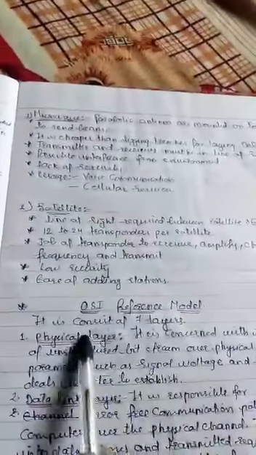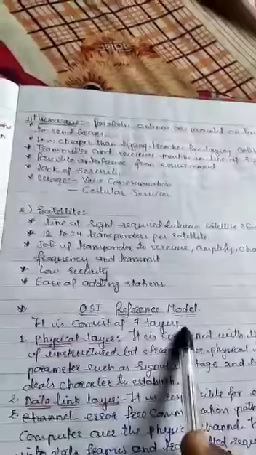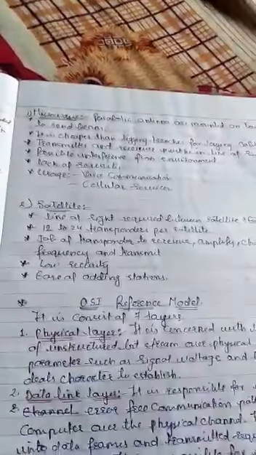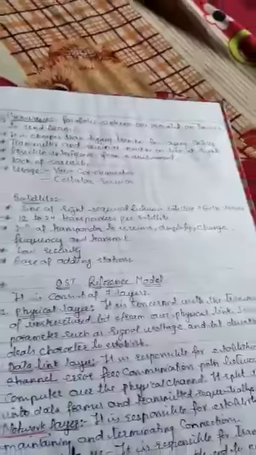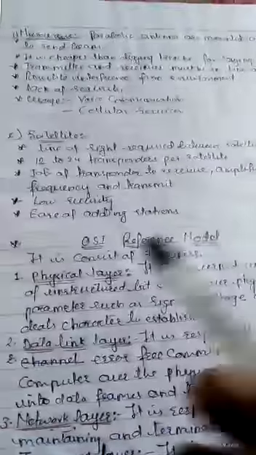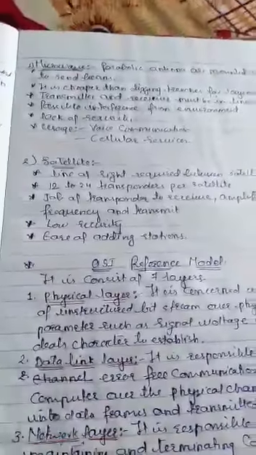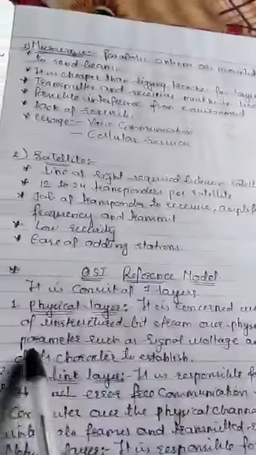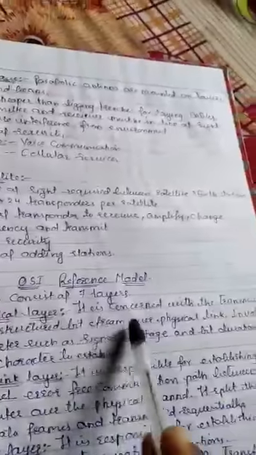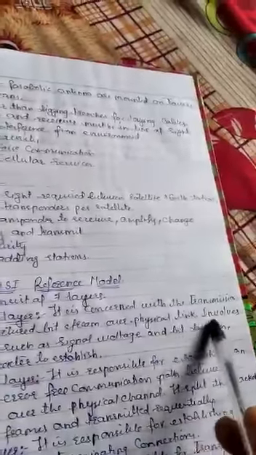In this chapter, let us see the last part, the OSI reference model. This model is used while communicating from sender to receiver, showing how communication takes place. There are different layers required, in total 7 layers. Let us see one by one. Physical layer: it is concerned with the transmission of an unstructured bit stream over a physical link.